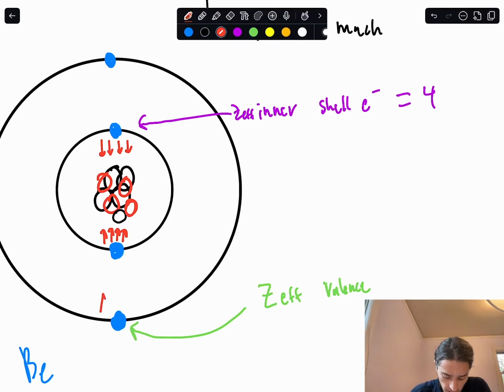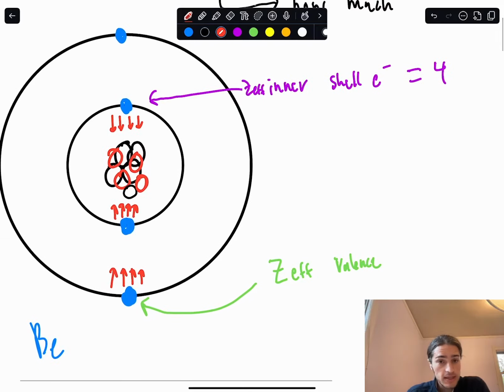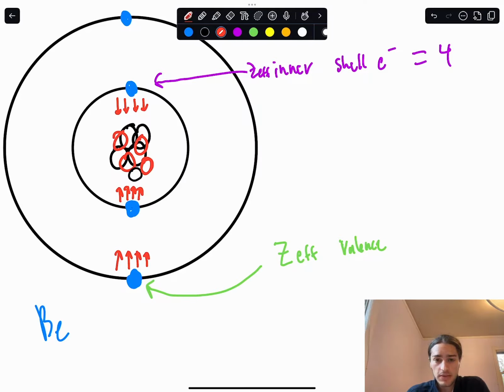They're going to have four arrows going in, but the magnitude of these arrows might be a little smaller than for the inner shell electrons because they're further away, so the force falls with distance. But they still feel those four protons. So you might think it's basically four, maybe a little bit less than four.